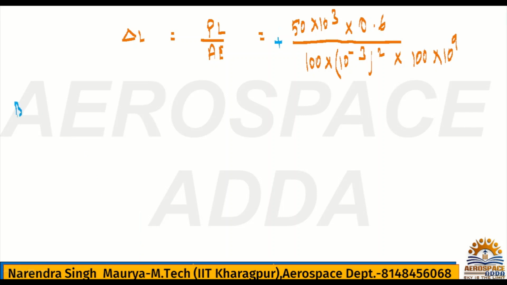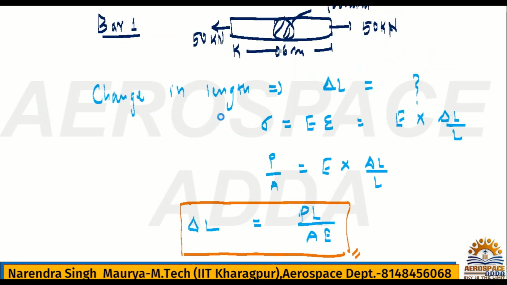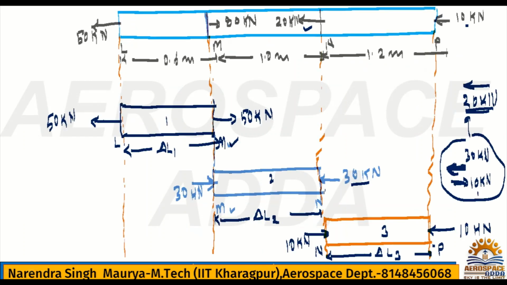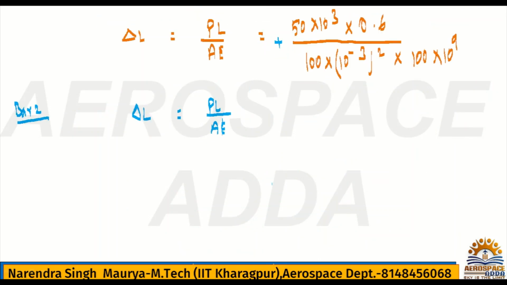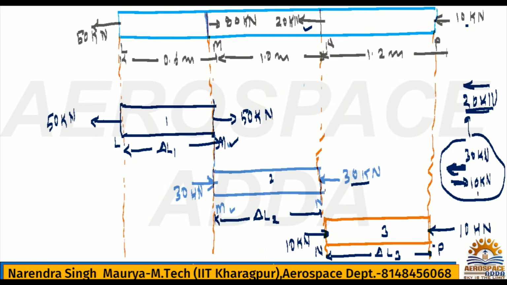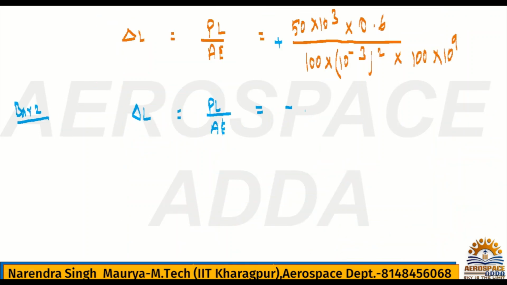Now bar 2. For bar 2 we write the change in length PL by AE. See, where is bar 2? This is bar 2. This load is compressive, 30 kilonewton going inward. Hence you put change in length equal to minus PL by AE. What is the P load for bar 2? 30 kilonewton.